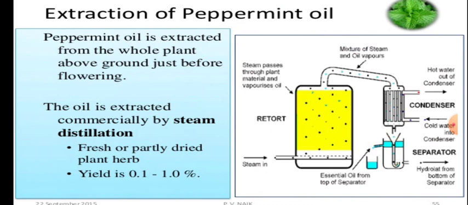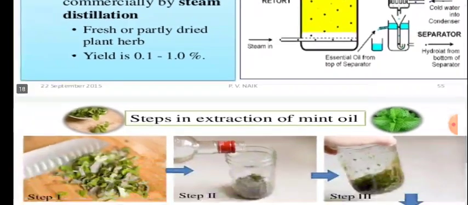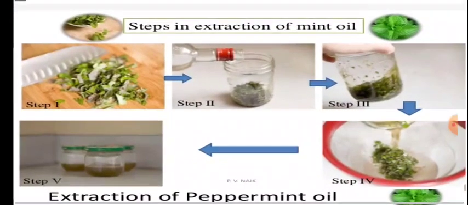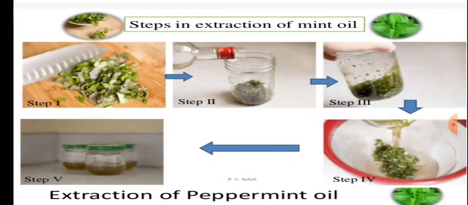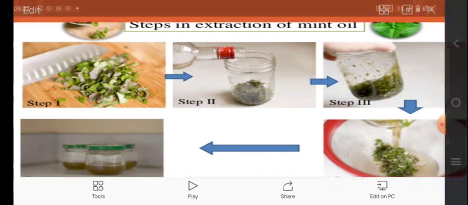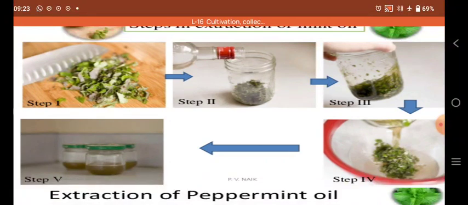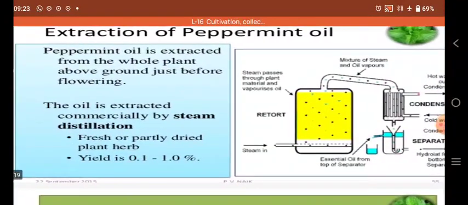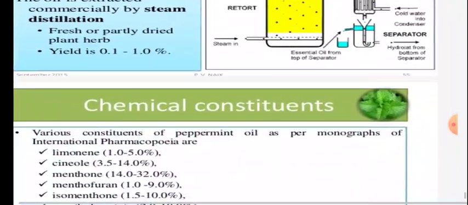So remember this diagram for your study. It is done by the steam distillation. The fresh or partly dried herb is used. Yield is 0.1 to 1%. Steps in the extraction: step first cutting, then into small pieces. Step 3, the extraction is done and it is stored. So here this total extraction method is to be applied, right?